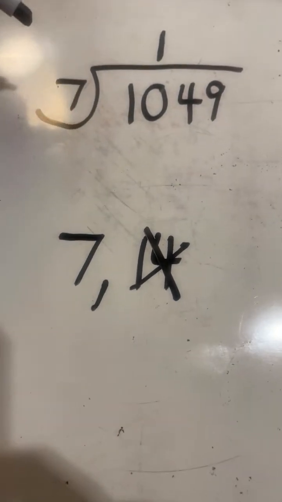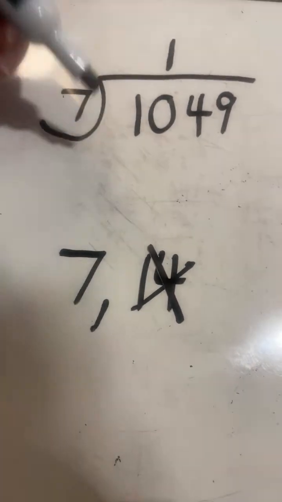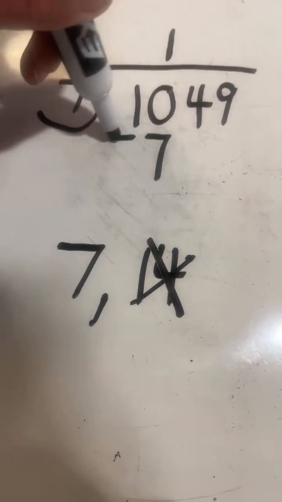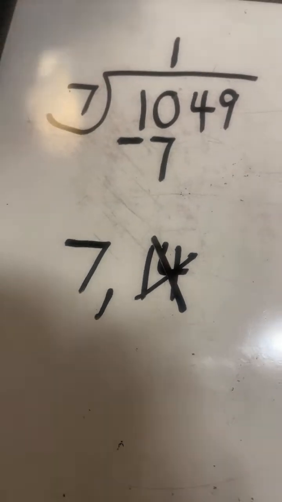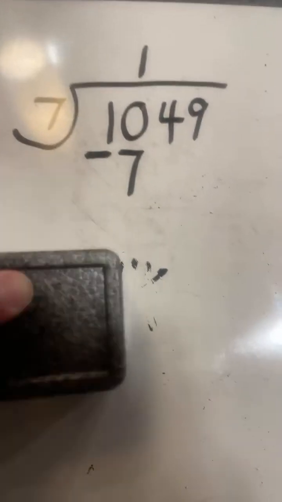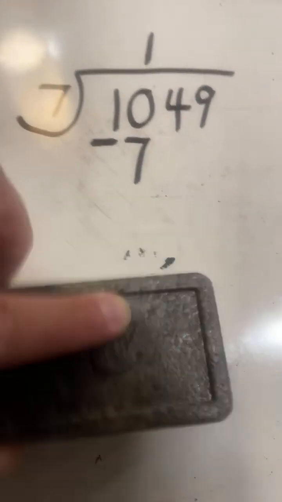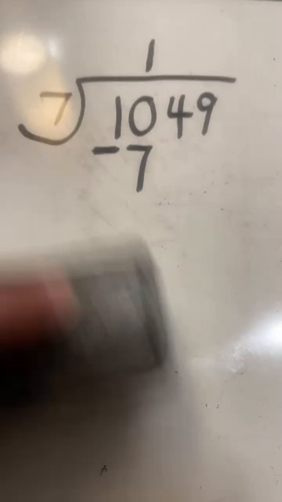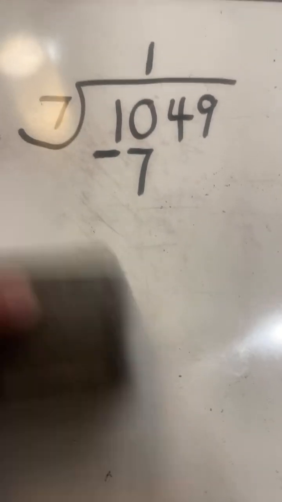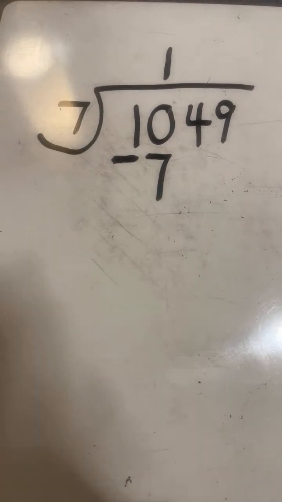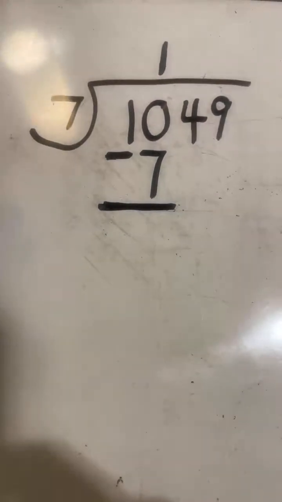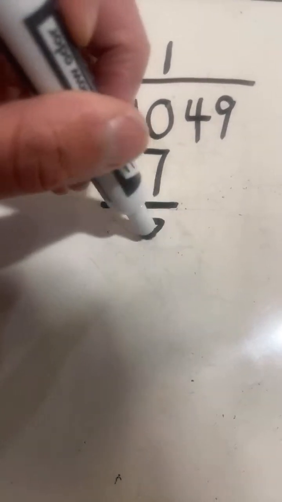Now the closest we could get to 10 without passing it is 7, so that's what we have to subtract to find our remainder. Ten minus 7 equals 3.